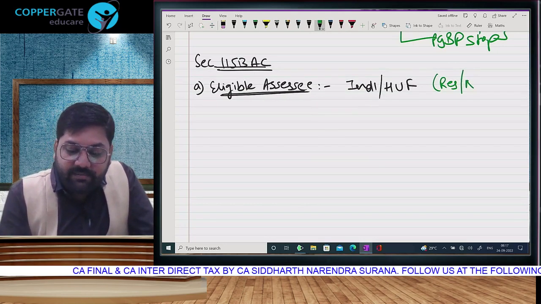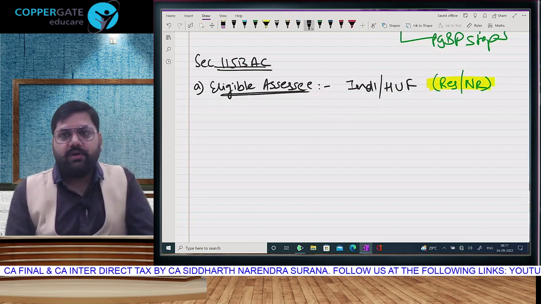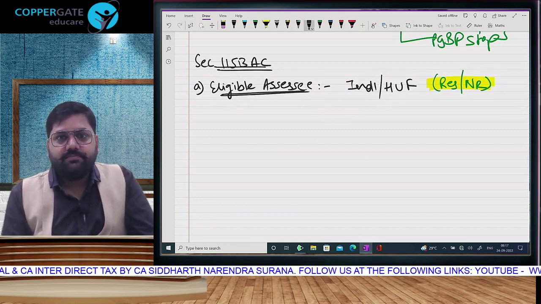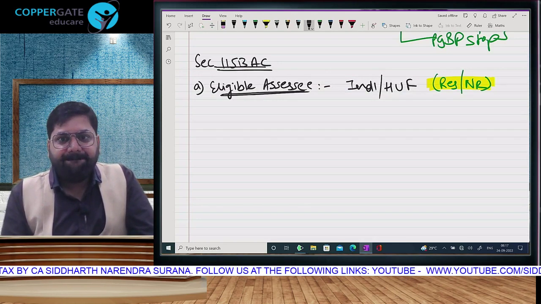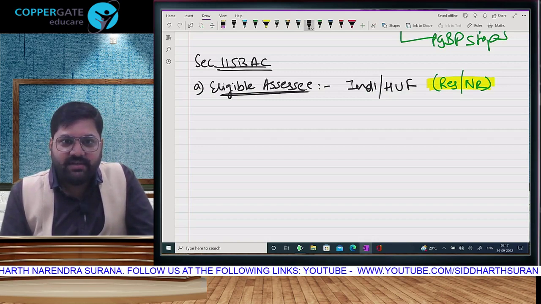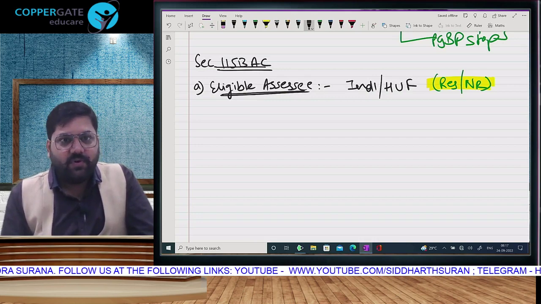No, it can be resident or non-resident. Both are going to be allowed. Correct? Have we already studied this? This serves like a revision.